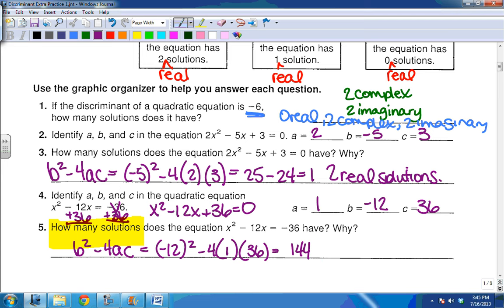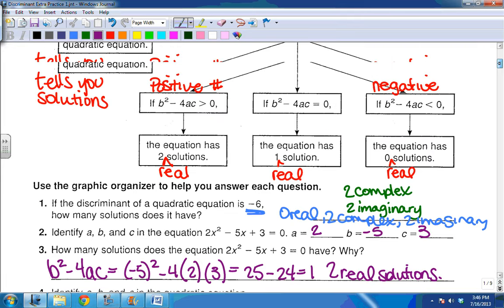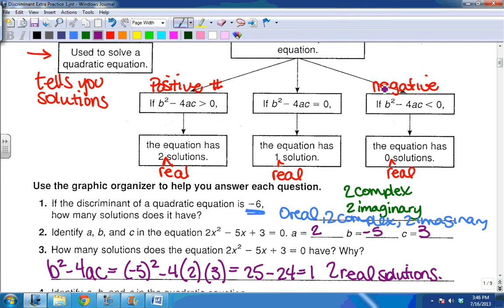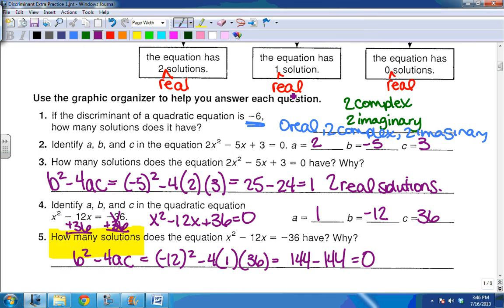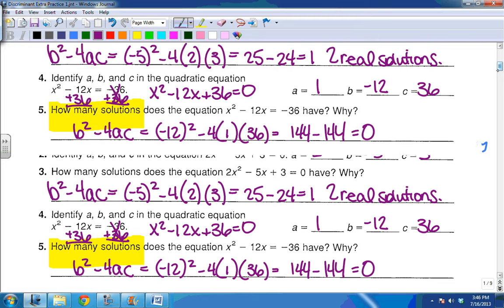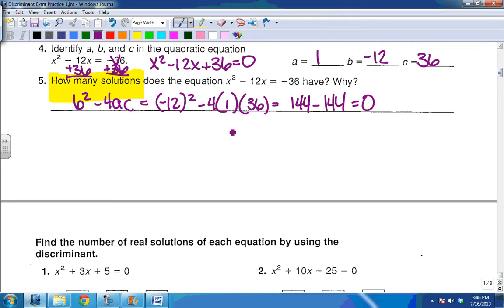And 4 times 36, let's go 144, and that gives me 0. Because I have a discriminant of 0, I'm going to go back up to my charts. It's not positive, it's not negative, so I'm going to look in this middle column where it's equal to 0. And I see that it has 1 real solution. So I'm going to scroll back down, and I'm going to put 1 real solution.